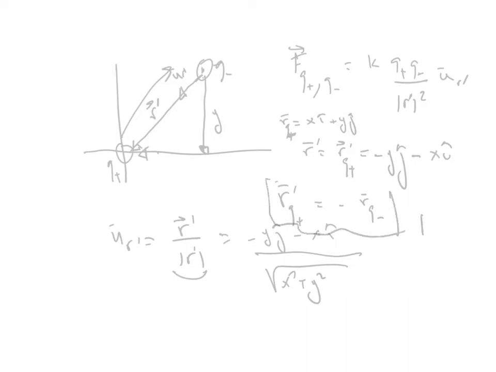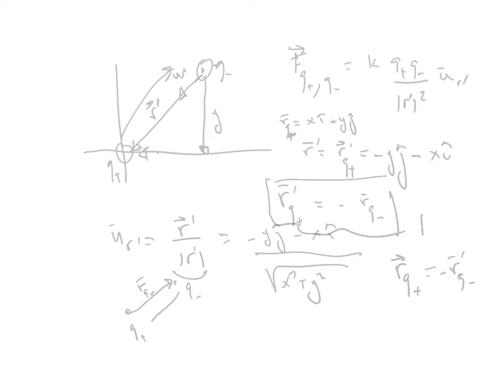The equation that I want to put is that R Q plus, meaning this is Q plus and this is Q minus, I call R Q plus the vector that goes from the origin, from the source to Q minus, is equal to R prime Q minus.